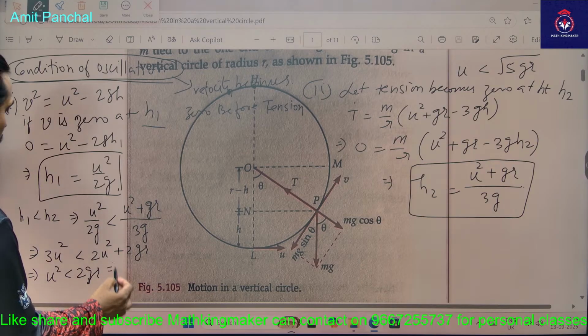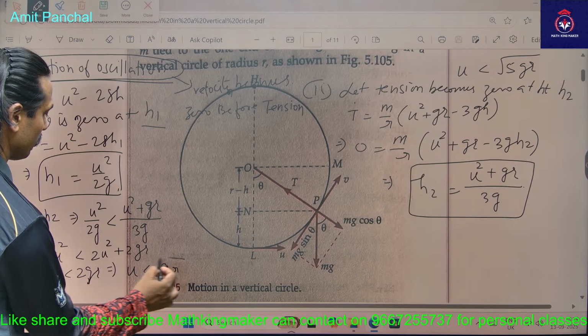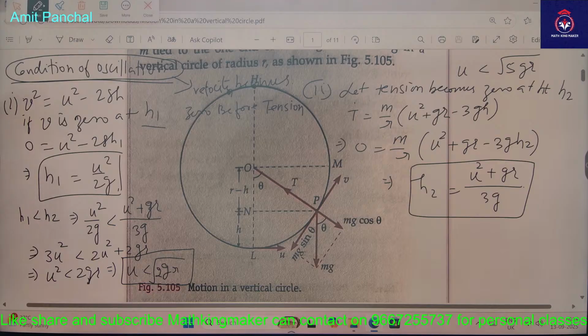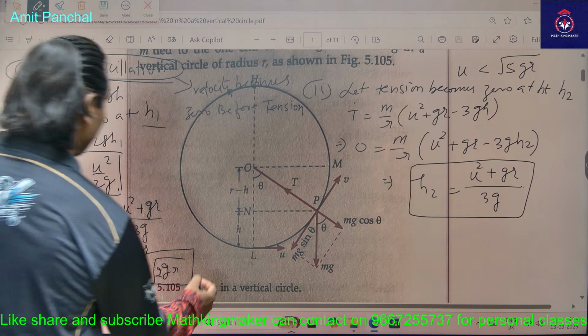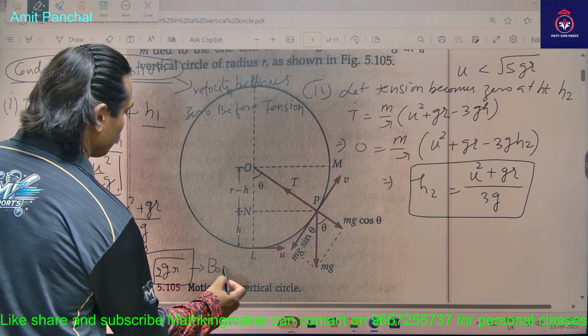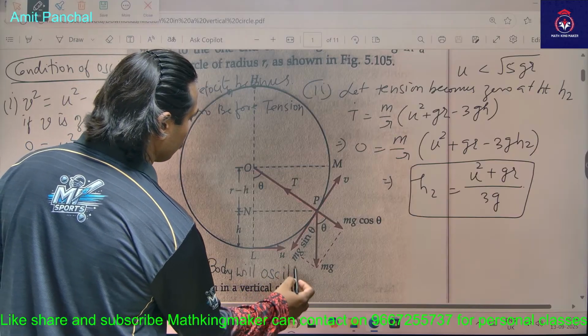That means u will be less than the square root of 2gr. So that is the condition in which the body will oscillate about its lowest point.